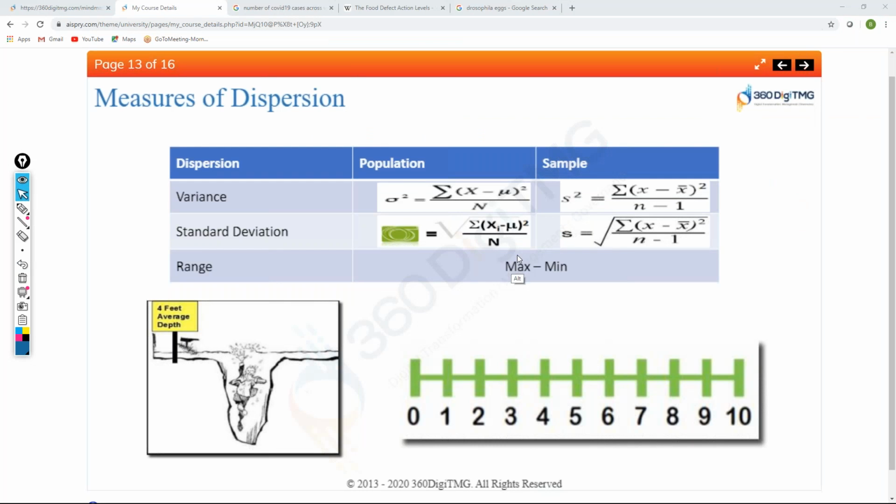Okay. So here, when you calculate variance for population or standard deviation for population, it's given a Greek notation: sigma square and sigma, and these are called population parameters.